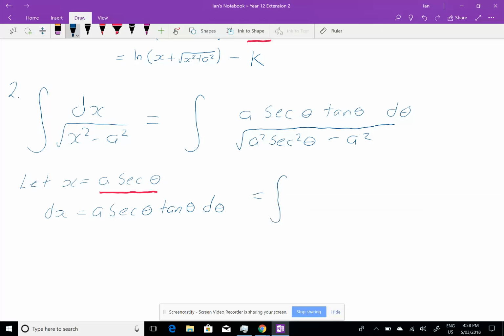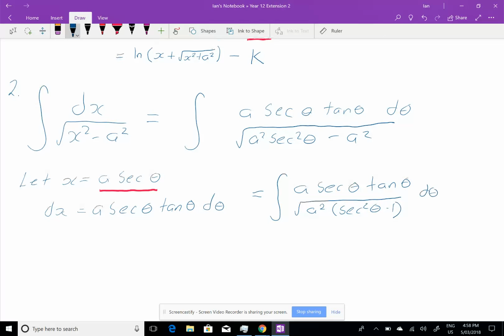Tidy this up, and you can see what's going to happen. The a is going to cancel, isn't it? So I get a sec theta tan theta, and underneath, I get a squared outside of sec squared theta minus 1, d theta.